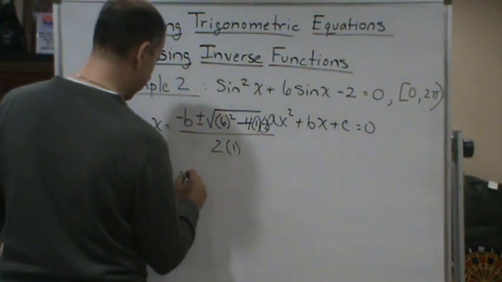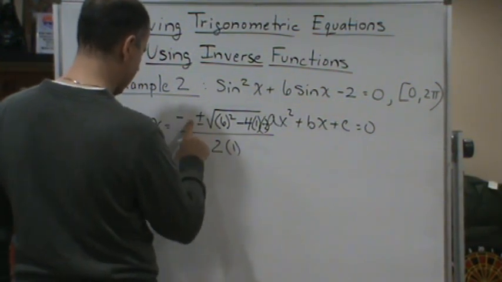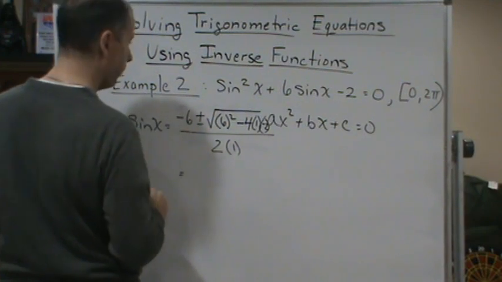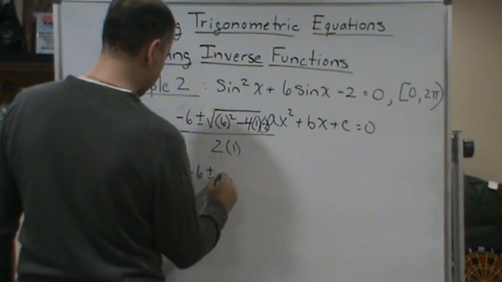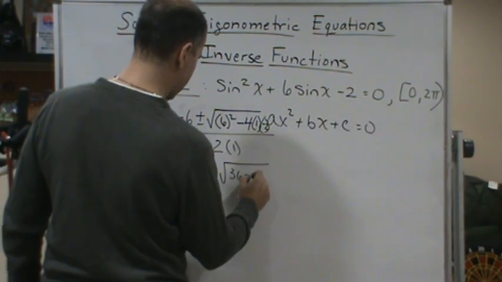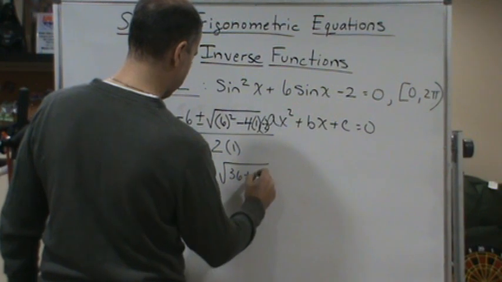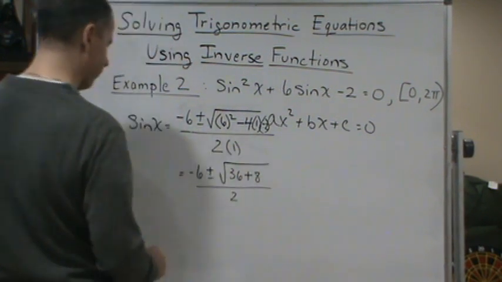So now let's simplify this. So this is going to be -6 plus or minus the square root of 36 plus 8 over 2.